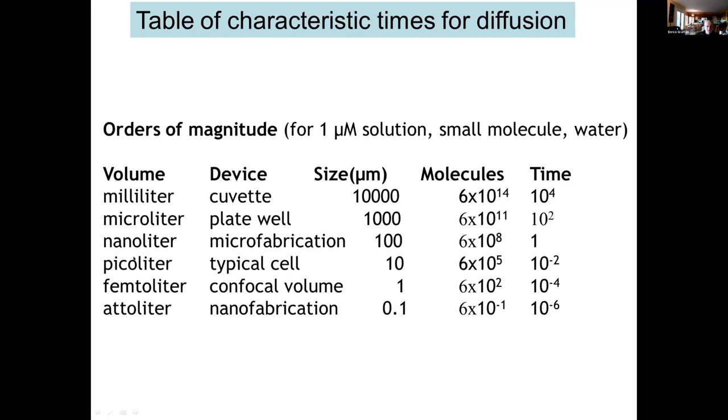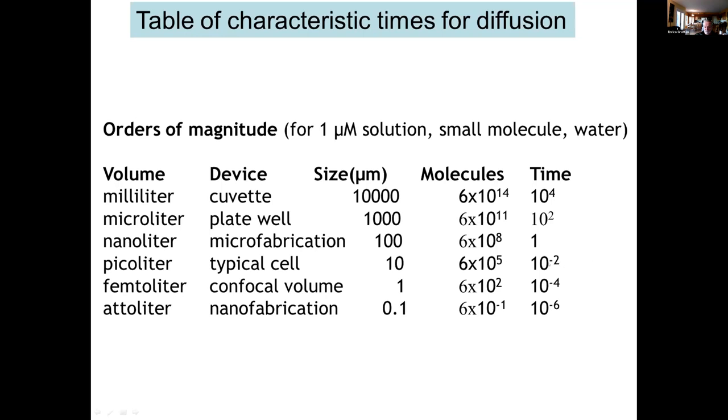But if you have a typical cell, which has a size of about 10 micron by 10 micron by 10 micron, of course, a cell is not cubic, that means that in terms of molecules, in a 1 micromolar solution, you will have on the order of 10 to the 5 in a typical cell. So 500,000 molecules.